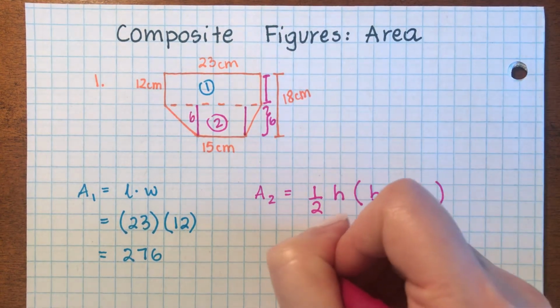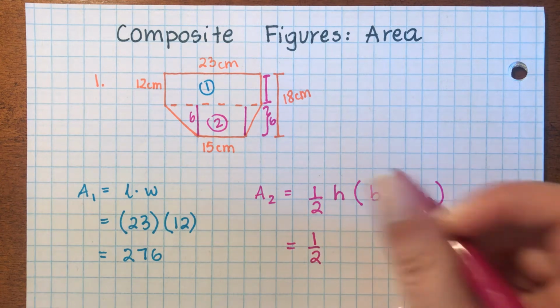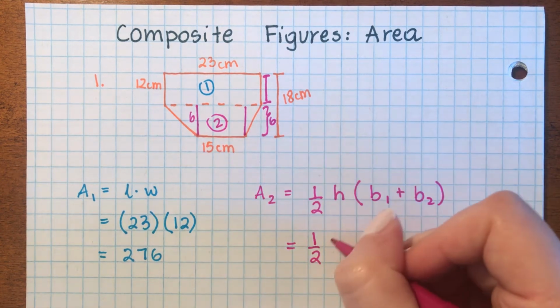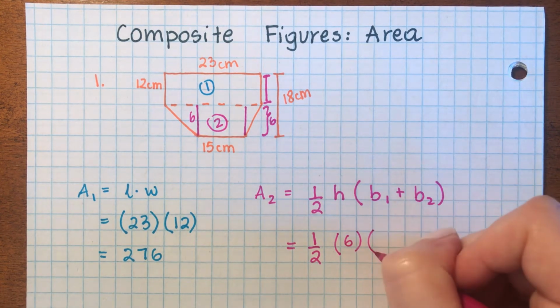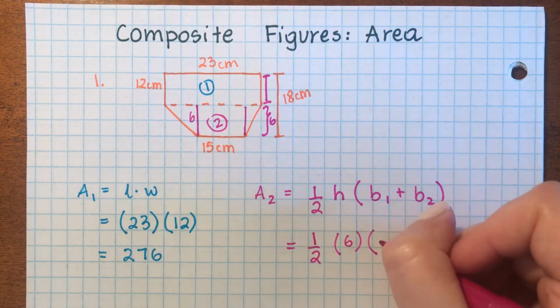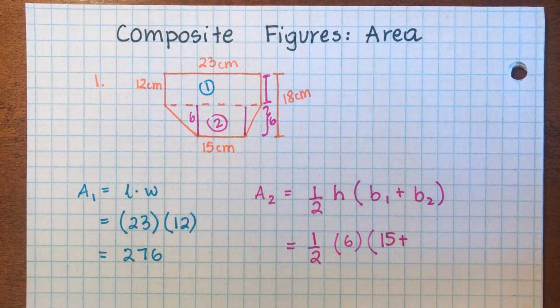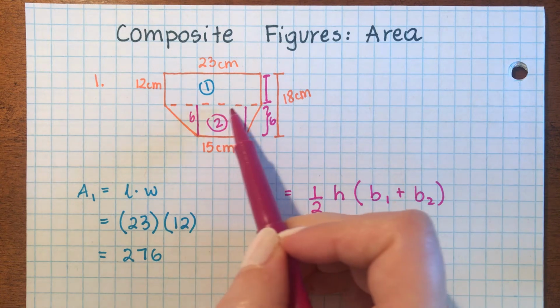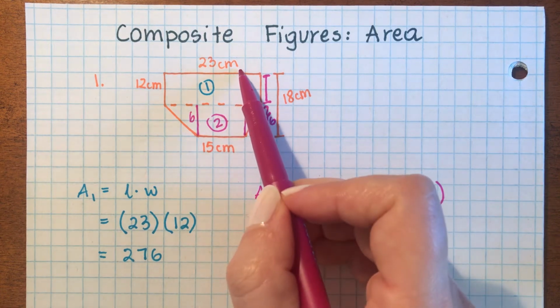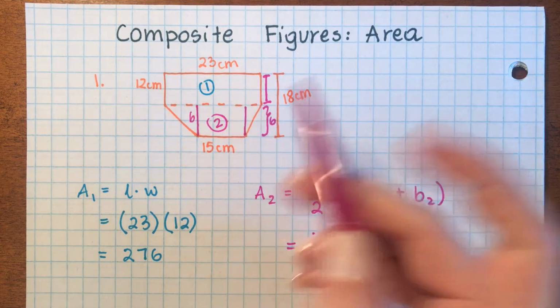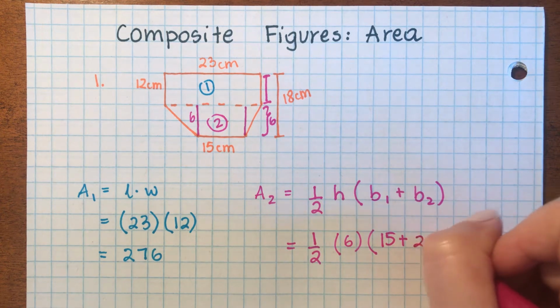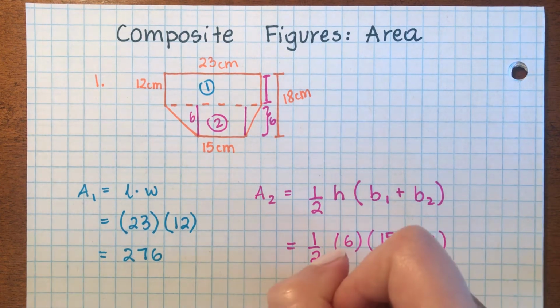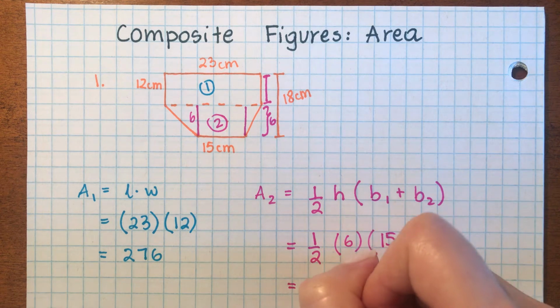Now let's substitute. I have 1/2. Height is 6. Base 1, 15. Plus base 2, it would be 23, because it's the same as the top length of the rectangle. When you simplify all this, you should get 114.